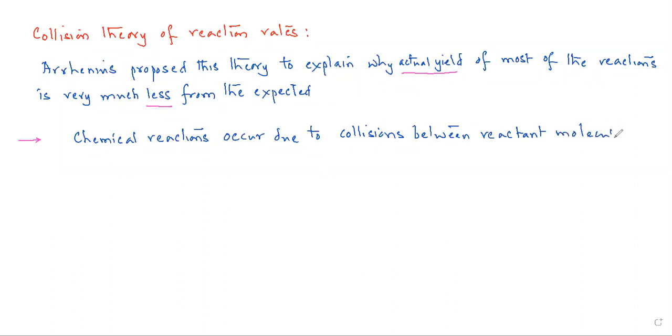But you know, if each and every collision gives us the product, then every single reaction would have given us 100% yield. This will never happen. Every single collision that takes place between the reactant molecules does not lead to the formation of product.